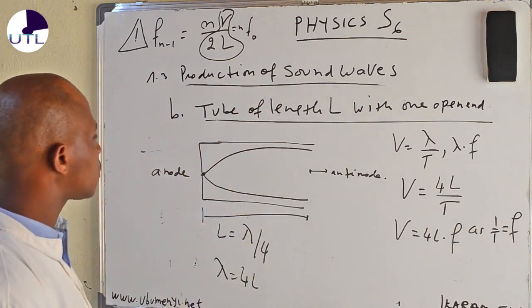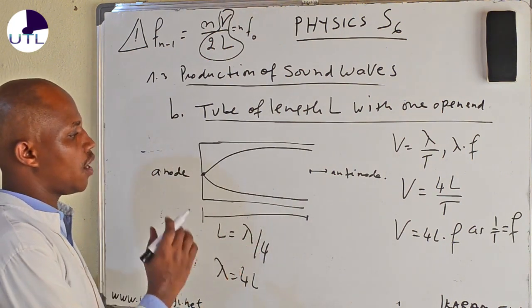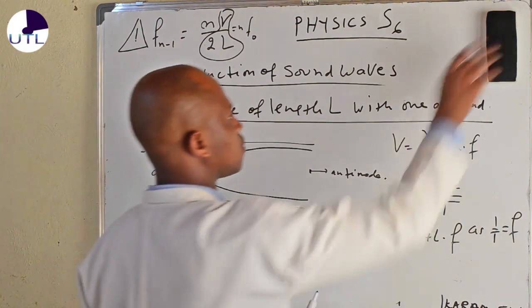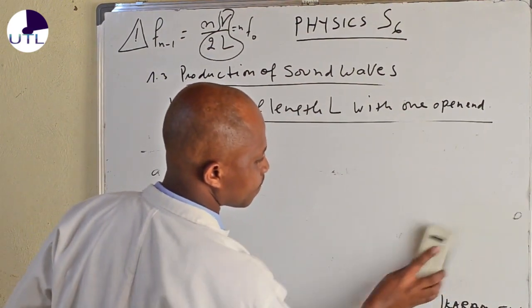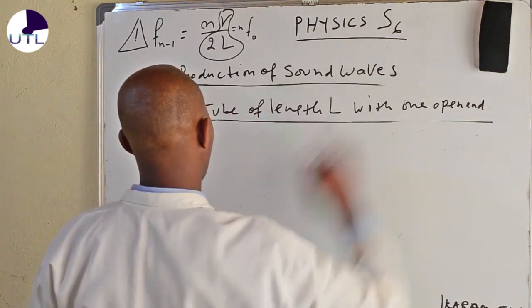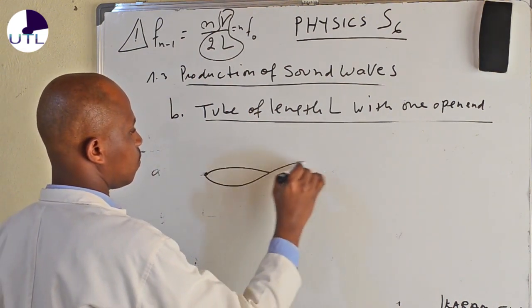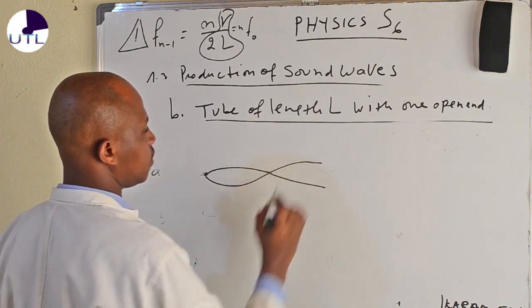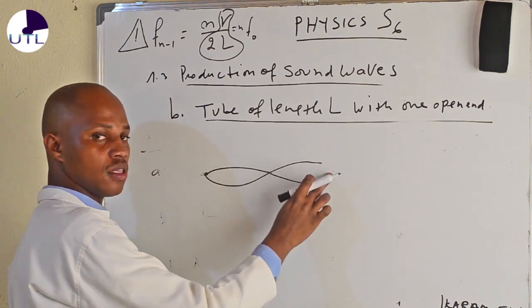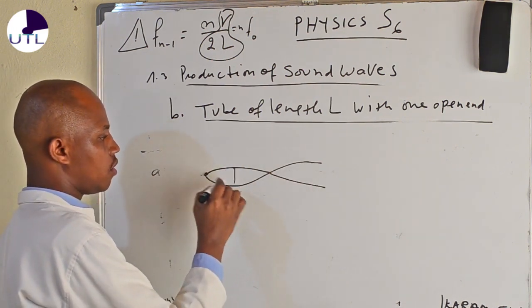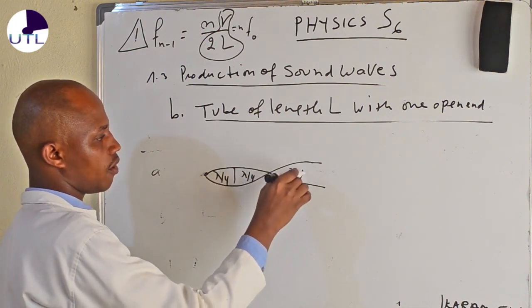This is the fundamental for this case. Now let's take another example, this pipe. It is closed at one end and open at the other end. Remember, this is wavelength divided by 4, wavelength divided by 4, wavelength divided by 4.